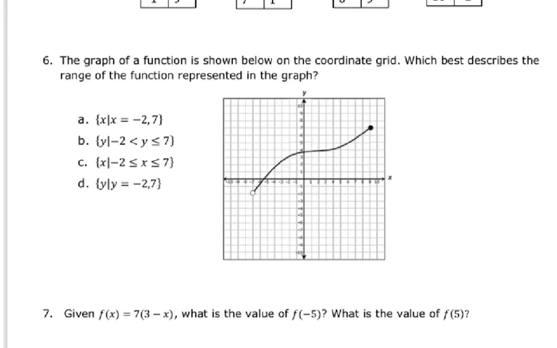Next. The graph of the function is shown below, which best describes the range of the function represented in the graph. What we know is that range is Y, so you put a Y there.